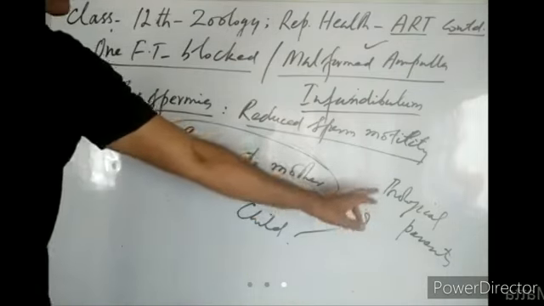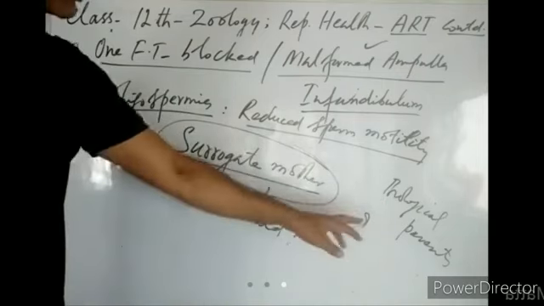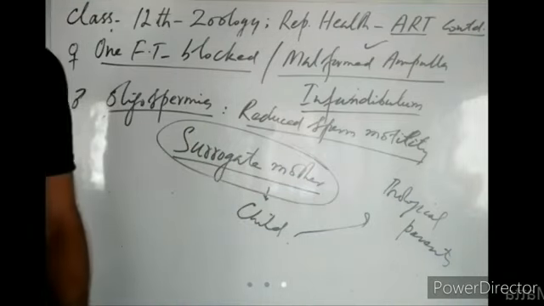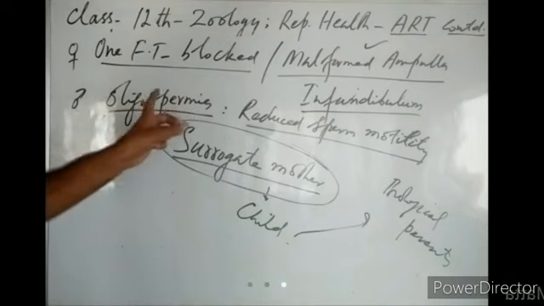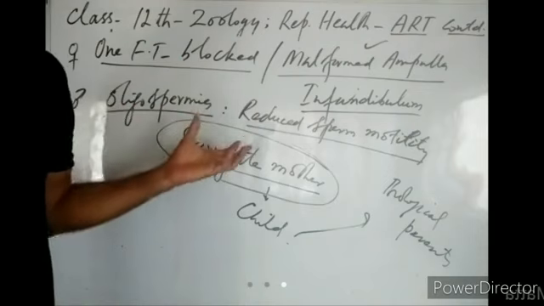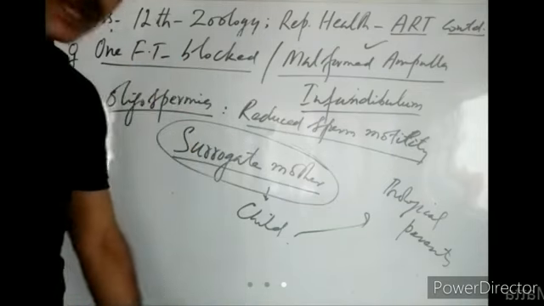And the parents who donated sperm and ovum will be the biological parents of this child. This technique is known as surrogate motherhood. This surrogate motherhood has also served infertile couples. It has helped them to bear children, right? So this is known as IVF-ET.